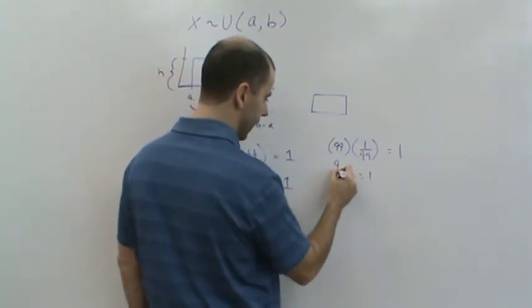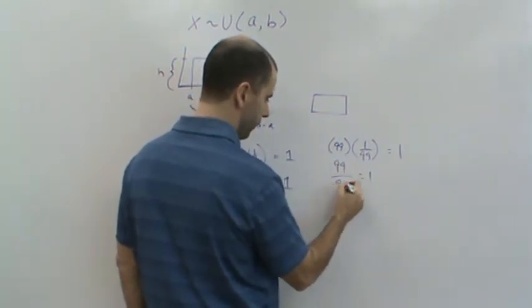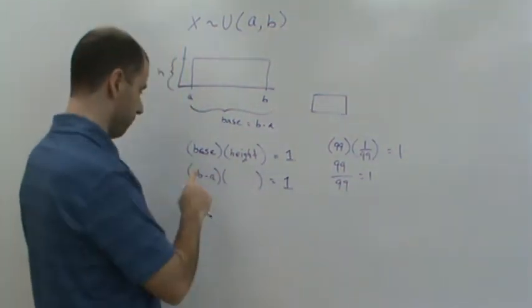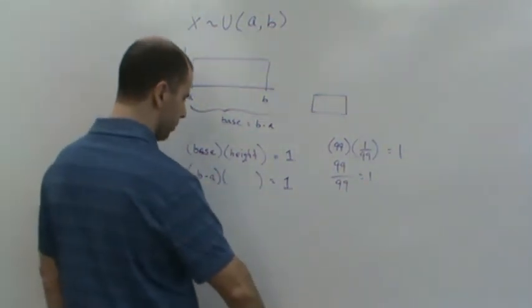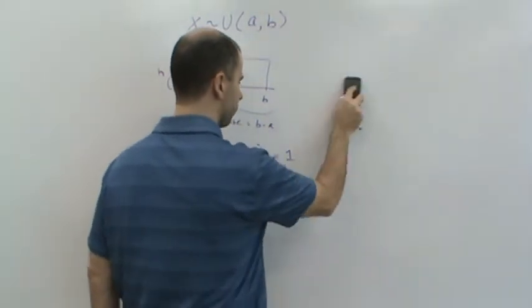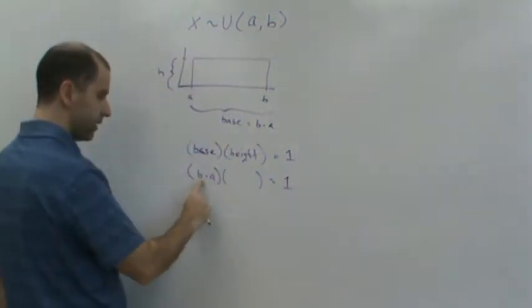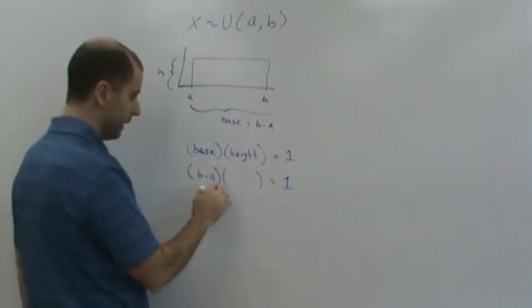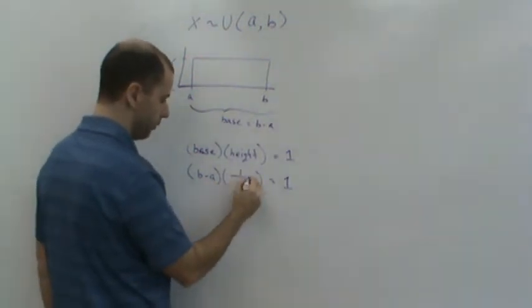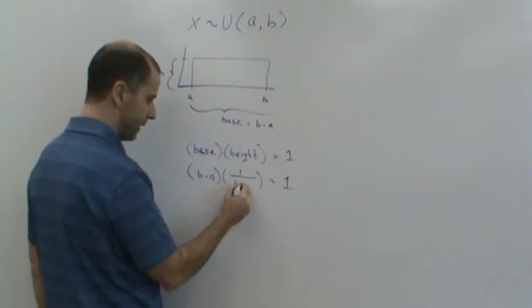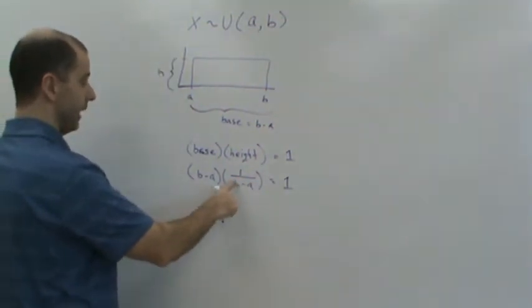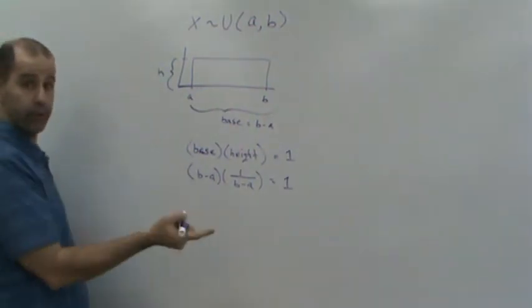I get 99 over 99. So that's the key. So if I have this number here, this is just a number, b minus a. That means I have to have 1 over what? B minus a. And so the height of the rectangle has to be 1 over b minus a.